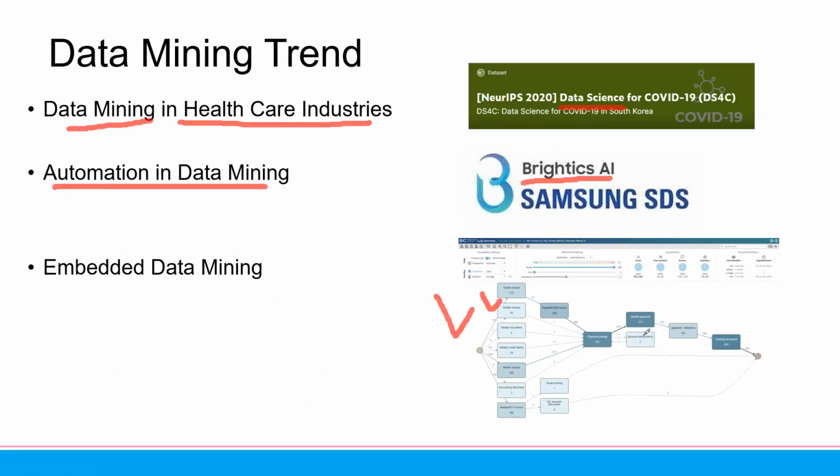After you have the workflow, what is the result at the end? So in this Predix AI, they have the process. This is the process in the company, and then based on this process, they can do automation in data mining for every one of these processes, or they can embed data mining in every one of these particular tasks.